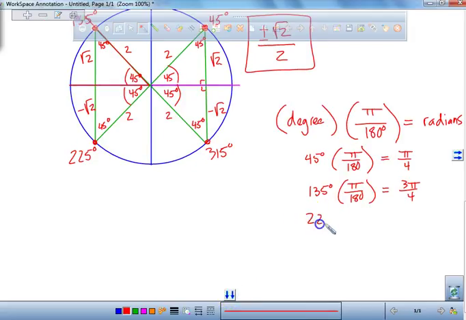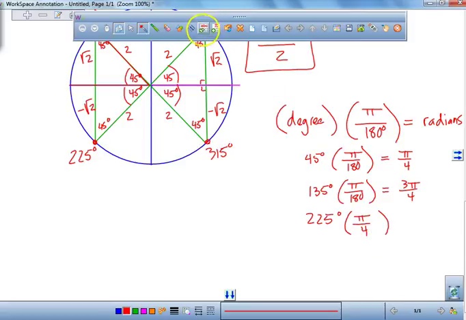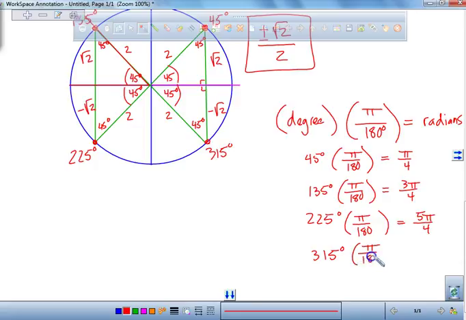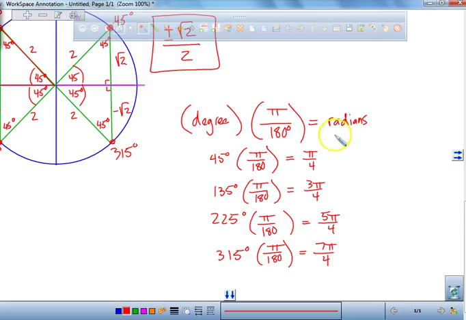If you take 225 degrees and multiply it by pi, not pi over 4, sorry, pi over 180, you are left with 5 pi over 4. And if you take 315 degrees multiplied by pi over 180, you are left with 7 pi over 4. These are all of your answers in radians.